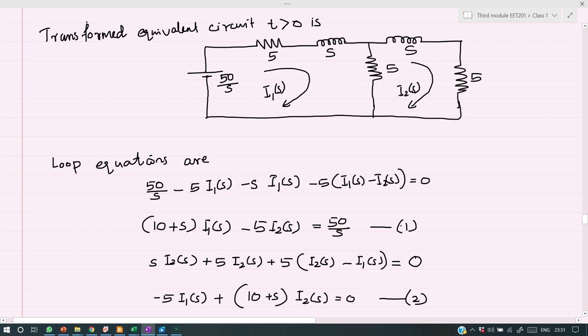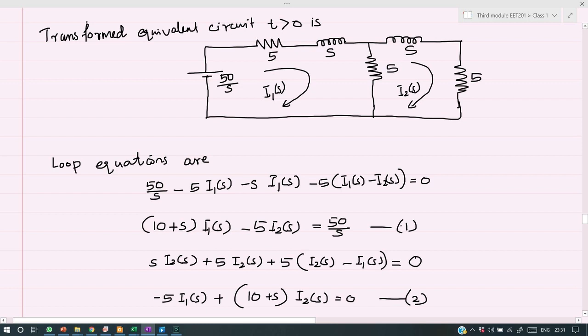Rearranging the coefficients of I1 of S and I2 of S, the equation is: 10 plus S into I1 of S minus 5 into I2 of S is equal to 50 by S. Let it be equation number 1.